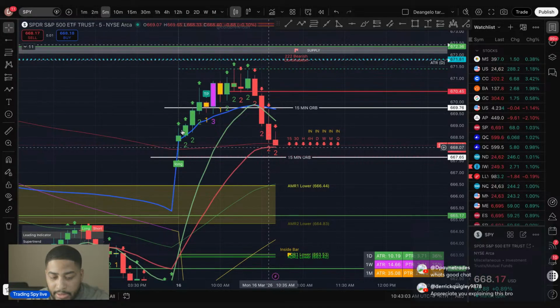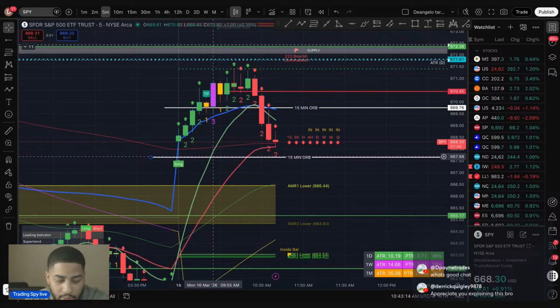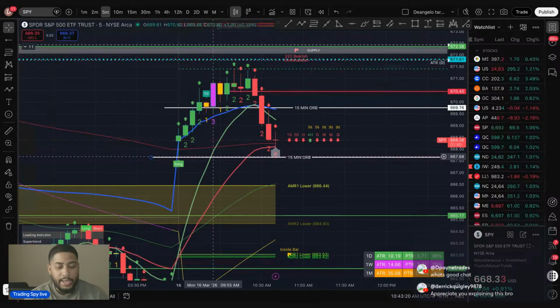Oh, man. Oh, I want to buy puts so bad. I'm waiting for this candle to close. The reason why I'm waiting is because, like I said, now we got to lose the 20 EMA and the 200. So if we lose that, then I'll try to play for a gap close.